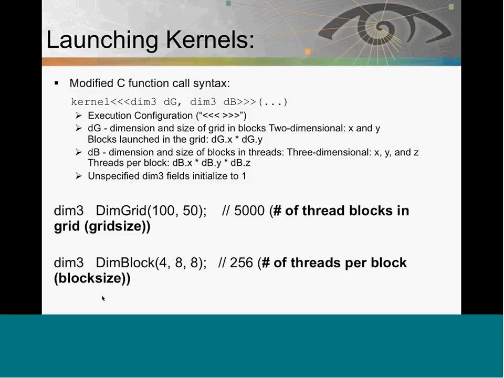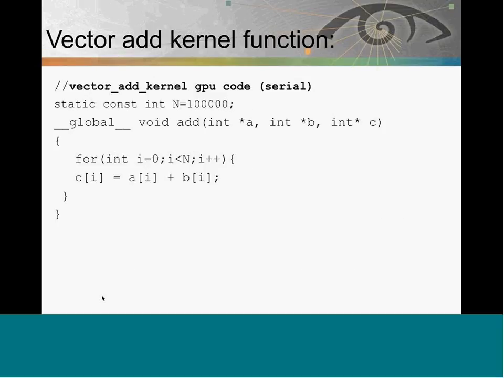For 256, I can say something like 4, 8, and 8, right? So specify X dimension is 4 threads, Y dimension is 4 threads, and Z dimension is 8 threads, like that. And in grid, that is like X dimension blocks 100 and the Y dimension blocks 50. Rather than saying n divided by 50, directly say 5,000. It's a 3D dimension. And if you don't specify anything, then by default it is 1.